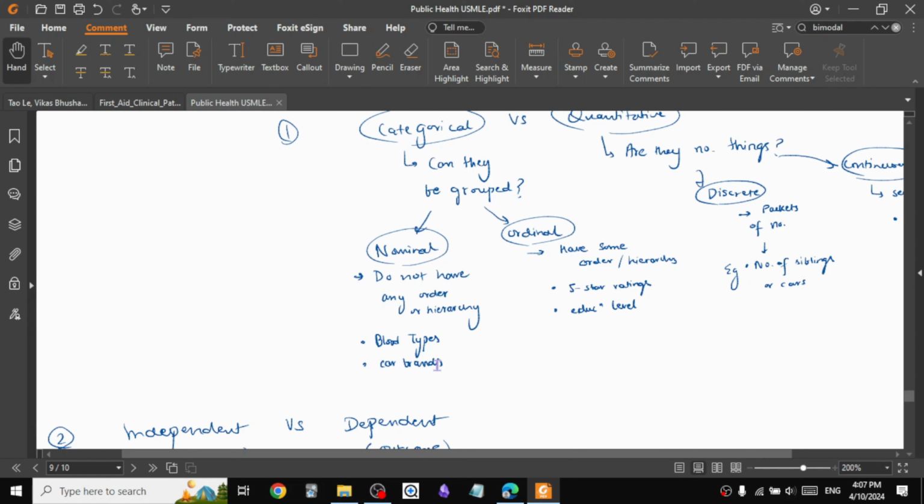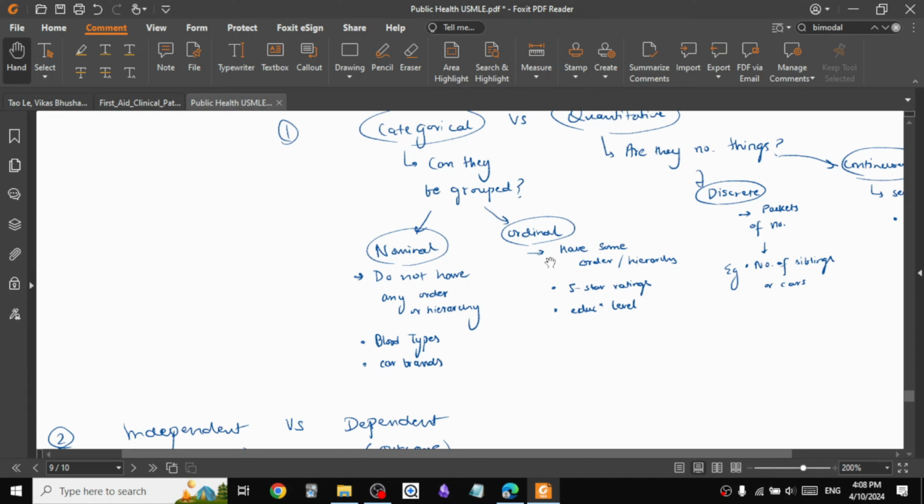Can I create a chain saying Toyota is greater than Hyundai is greater than this? No, there's no actual relation in between. Similar with blood type, I have A, B, O. I cannot make a hierarchy saying A is the greatest, then B is in second place, and then O is in third place. So nominal doesn't have any order or hierarchy.